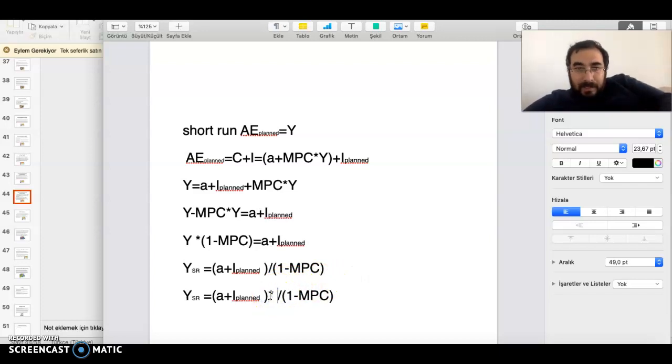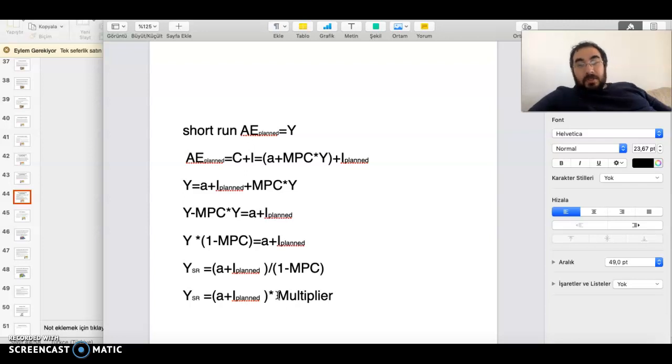Let's multiply this with 1 over 1 minus MPC. What was 1 over 1 minus MPC? It was my multiplier. So I basically multiply my A plus I planned with my multiplier, which is very logical if you think about it.